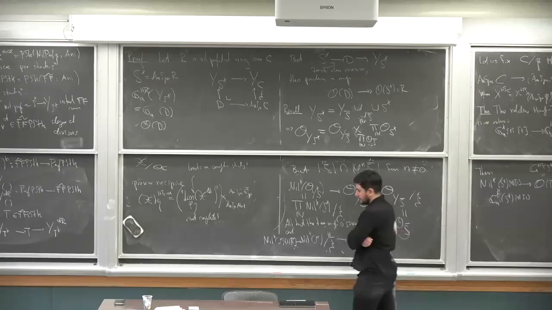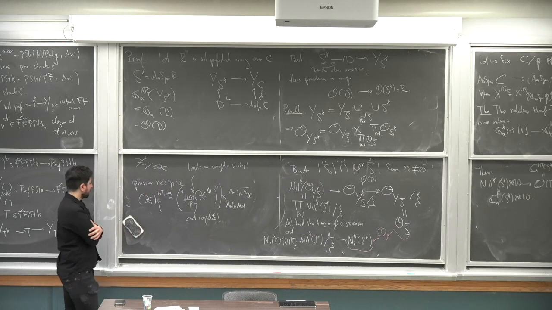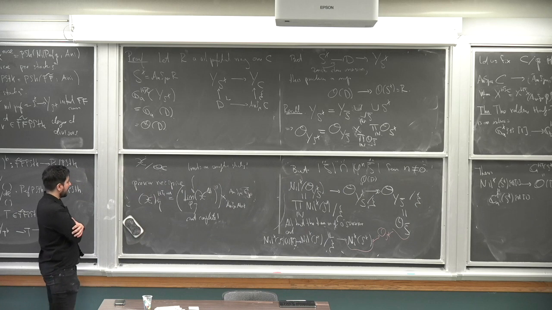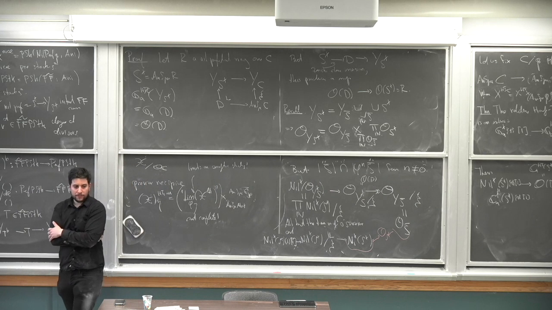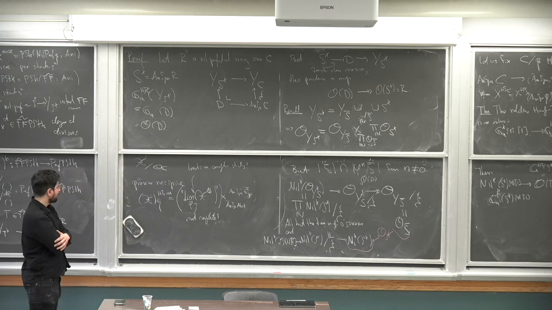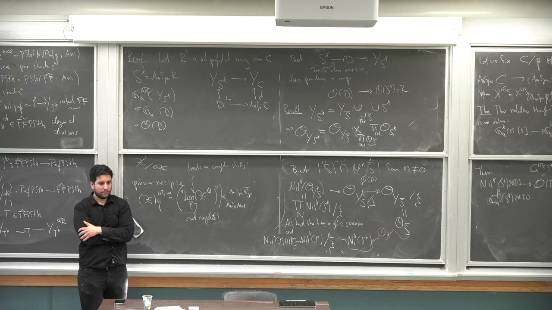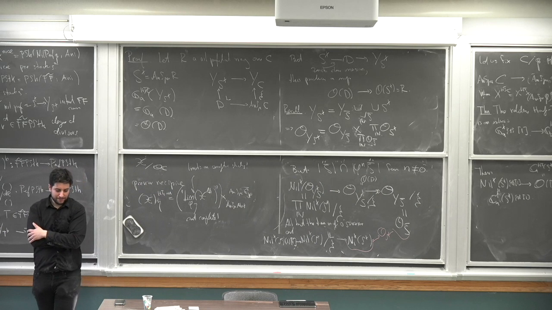Yes. But notice that F1 is not preserved by Frobenius. Yes. So in order to get this, you have to actually first find a Witt vector whose image under Frobenius is F1.